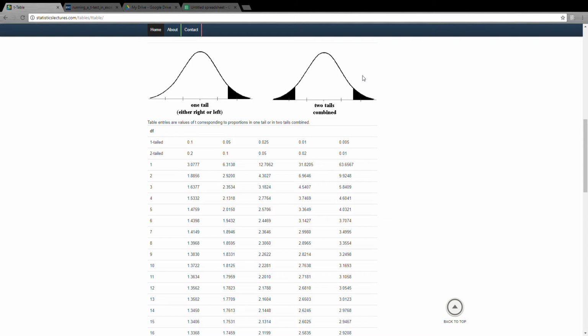And two-tailed is saying, well, we don't really care which side of this distribution the difference occurs on. We just want to know, is there a difference? So in a really oversimplified way, that's the difference between a one-tailed and a two-tailed test.